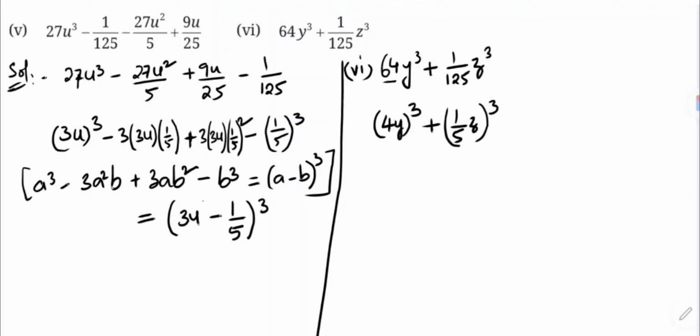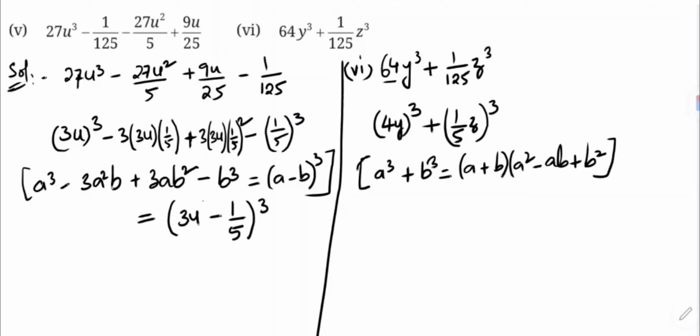Okay, now we got this one in the form of a cube plus b cube, which is equals to a plus b into a square minus ab plus b square. Okay, so in this a is 4y, so we can write 4y plus b is 1 by 5 z.